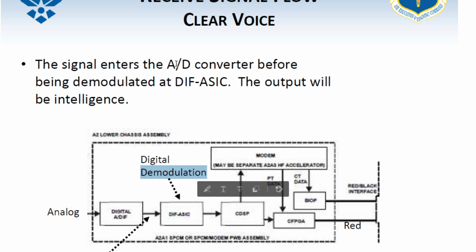So the signal enters the A/D converter before being demodulated at the DIF ASIC, digital intermediate frequency application specific integrated circuit, and the output is going to be intelligence. What is intelligence? What two things can I send with the radio that you all know of? Audio and data. Audio and data. Very good.